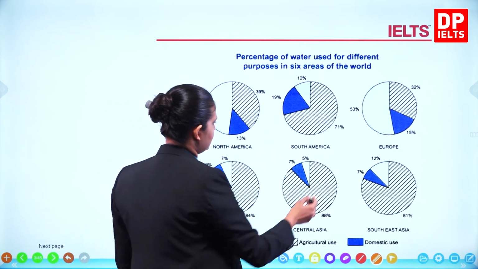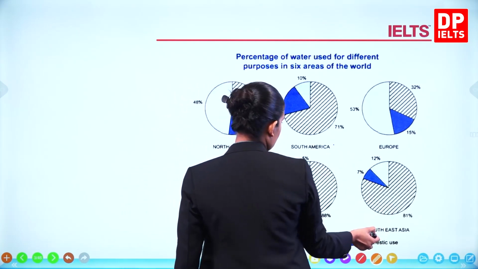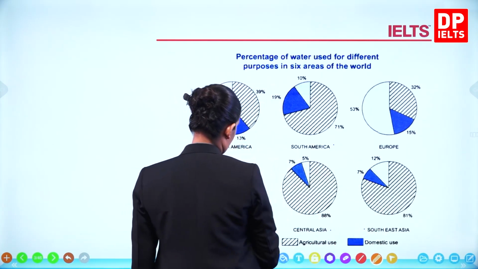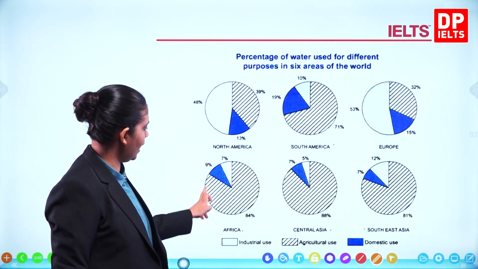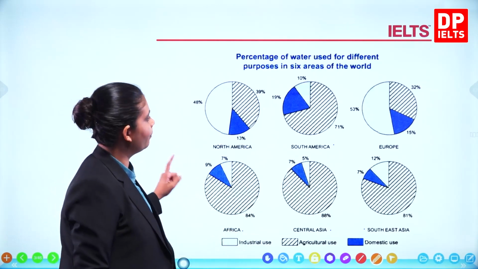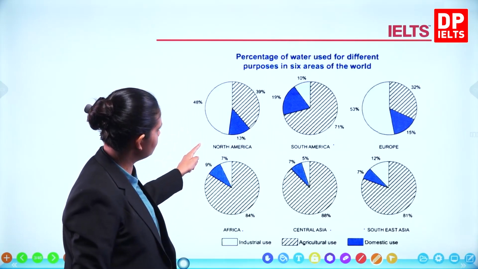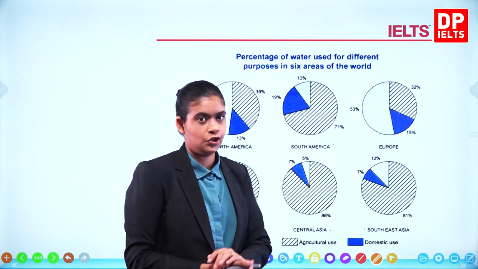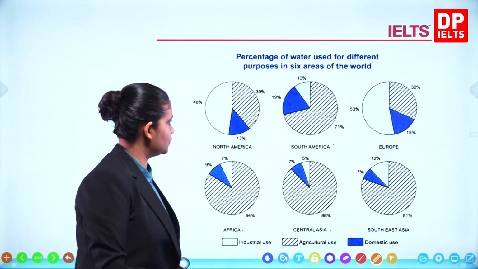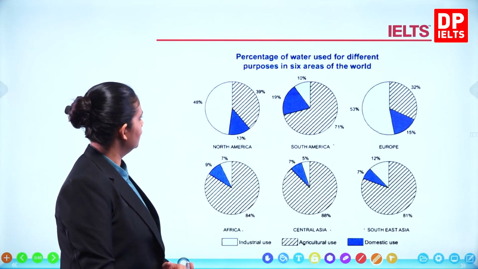So in South America, Southeast Asia, Central Asia and Africa, the majority of water is used for agriculture. But when it comes to North America and Europe, most of the water is used for industrial use, right?